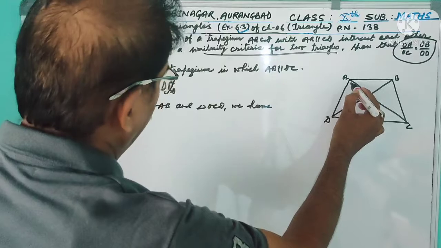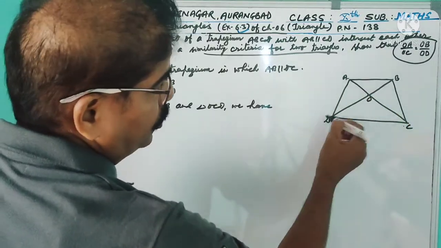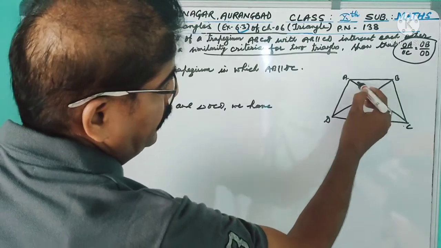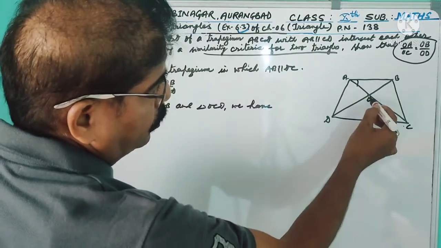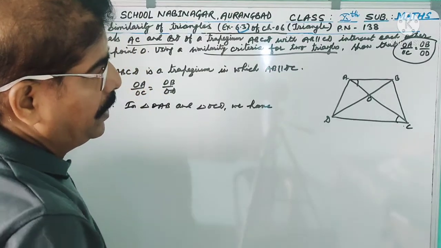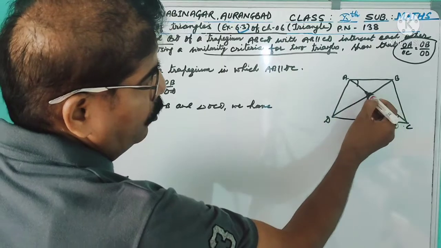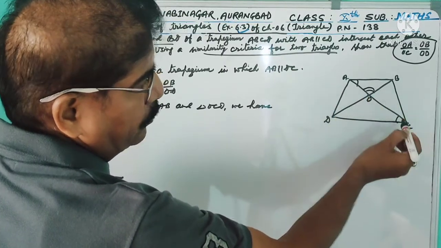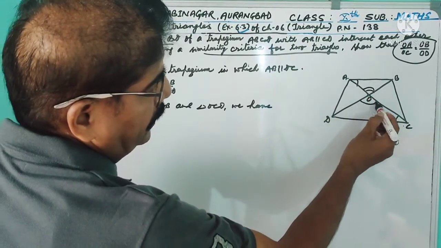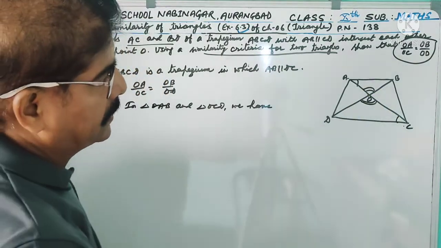Now in triangles OAB and OCD, angle OAB equal to angle OCD, alternate interior angles, and AOB equal to COD, vertically opposite angles.